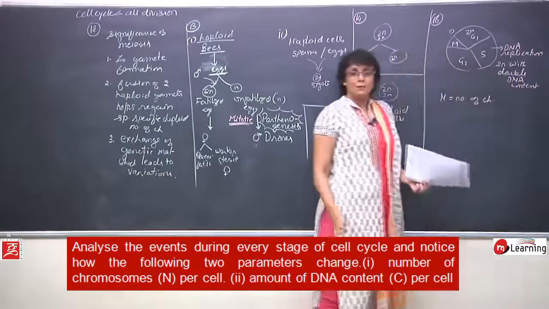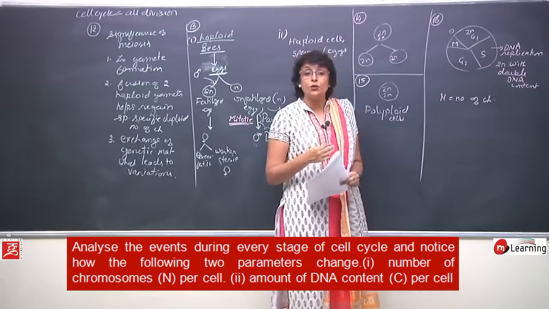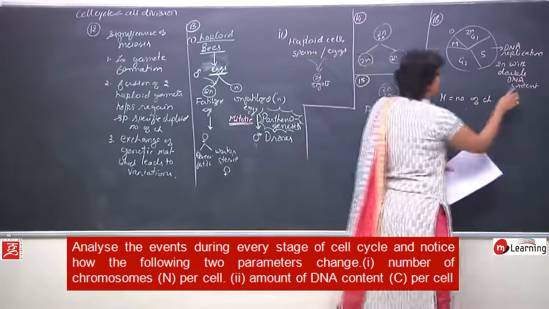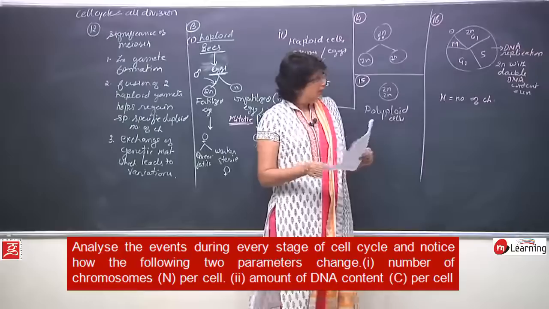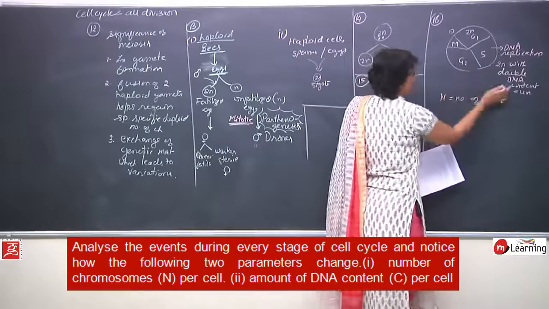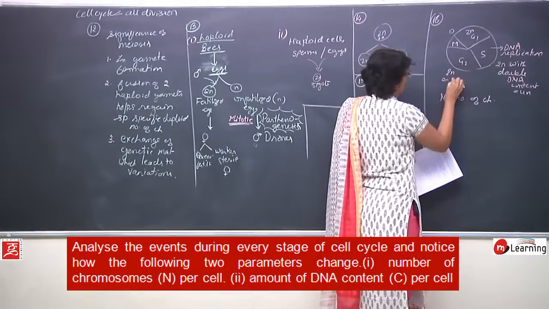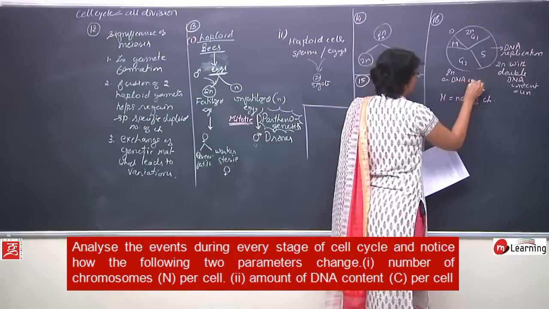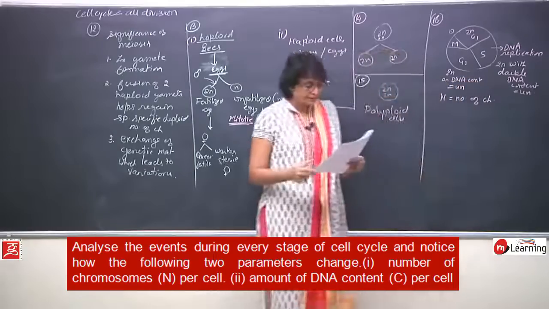So chromosome number is 2N only, but the DNA content is equivalent to 4N. Then in G2 it remains the same, 2N, or DNA content equivalent to 4N.